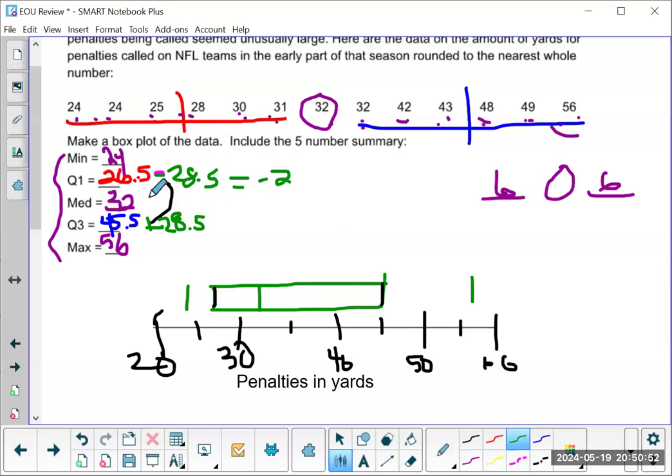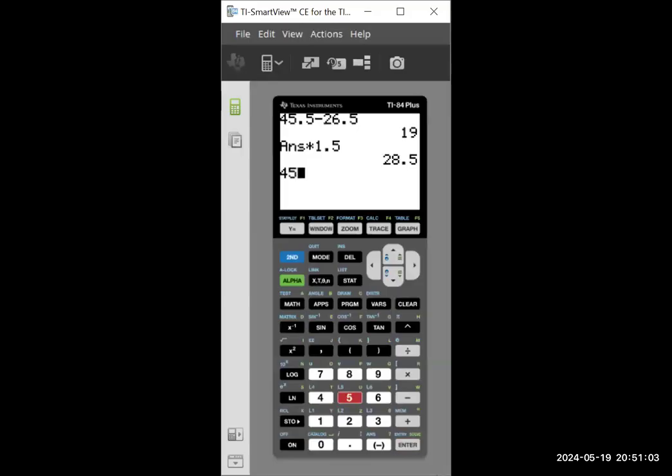So there's definitely not any outliers on that side. For 45.5 plus 28.5, I might want to check, so I'm going to go back to my calculator. It would have to be over 74 yards to be an outlier, which it is not.